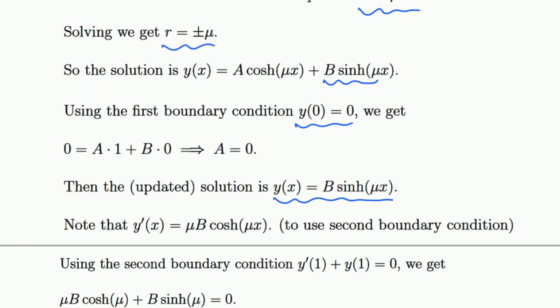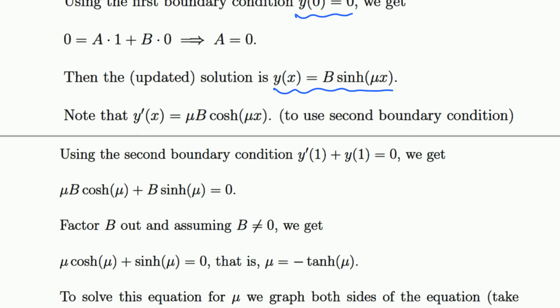Now to determine b, we use the second boundary condition, y prime at 1 plus y at 1 equals 0. Let's find the derivative: y prime equals mu b cosh(mu x), with mu outside and b constant.